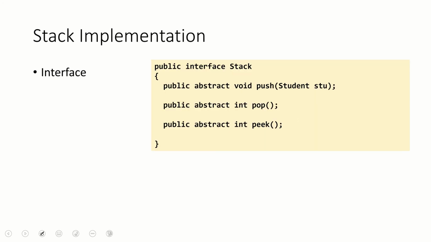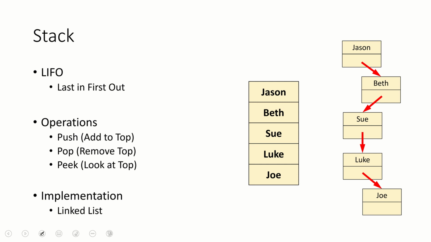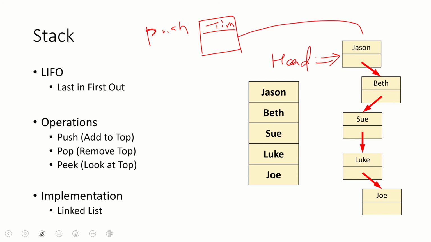For example, if we want to push Tim, currently we know this is the head of the linked list, also the first one, right? If we consider this head as the top of the stack, we just simply put it over here. So this one could be Jason's.